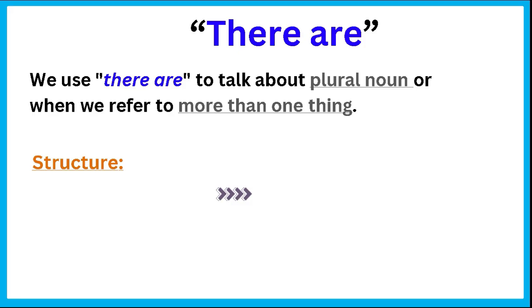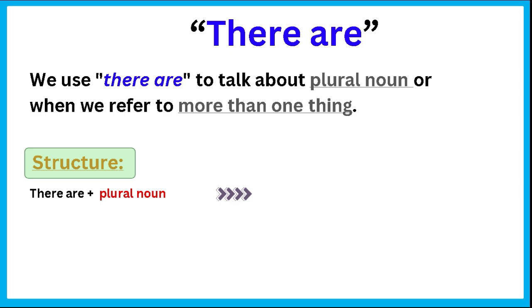Now let's see the phrase there are. We use there are to talk about a plural noun, or when we refer to more than one thing. Let's see the structure when we use there are.